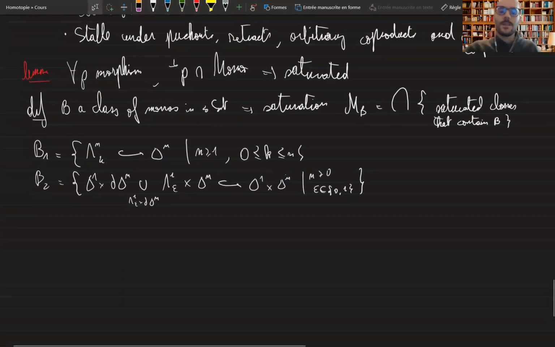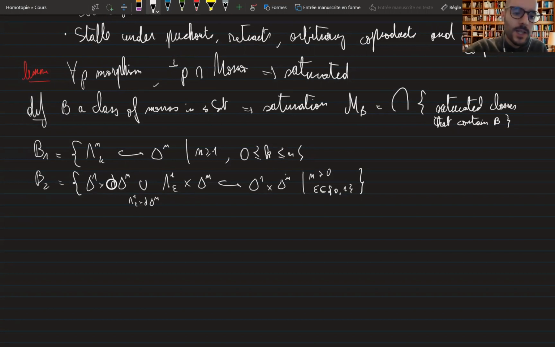Okay, so what is this? I can write it in dimension 2. You take delta 1 cross the boundary of the simplex. So essentially, maybe I will draw it in blue. You have something like this, some kind of prism. But you have to think that it is hollow.